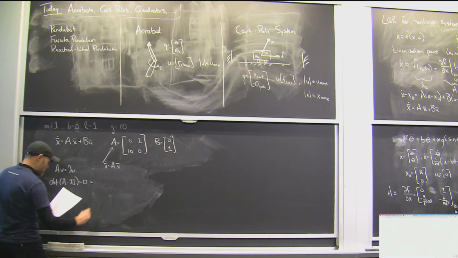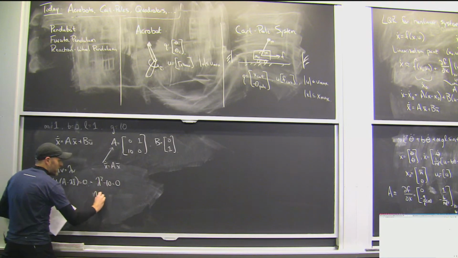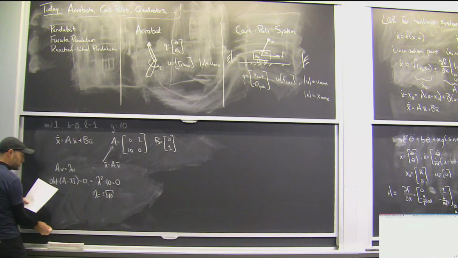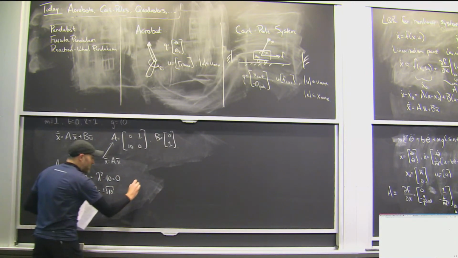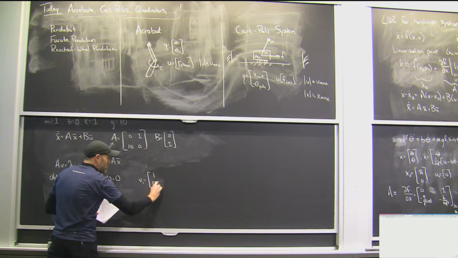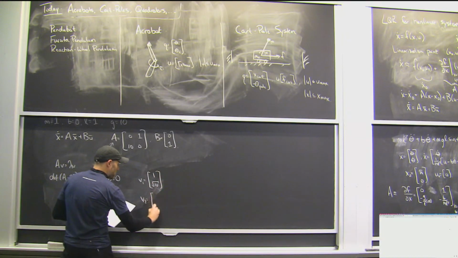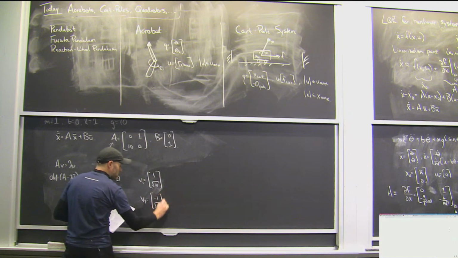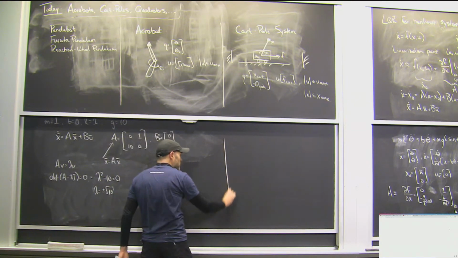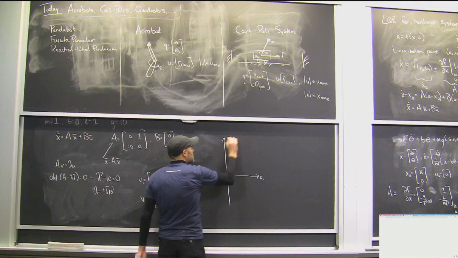That turns out to be lambda squared minus 10 equals 0. Lambda equals plus or minus square root of 10. And the corresponding eigenvectors are [1, square root of 10] and [1, negative square root of 10]. So let me plot those eigenvectors and eigenvalues here.